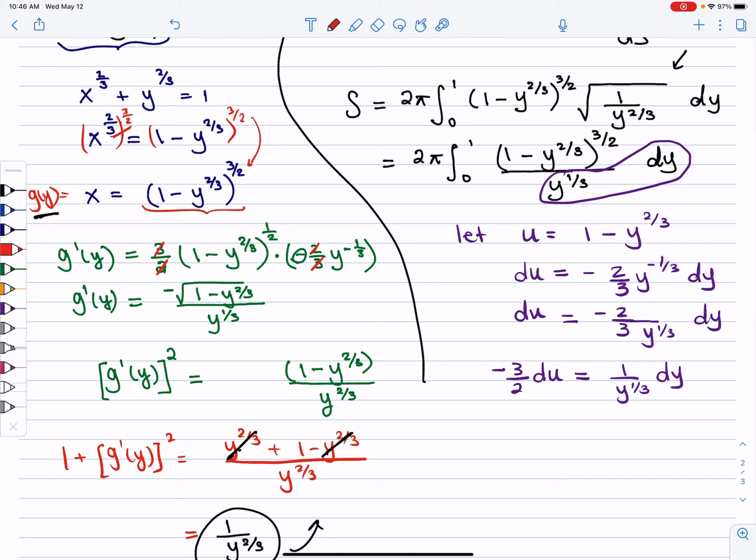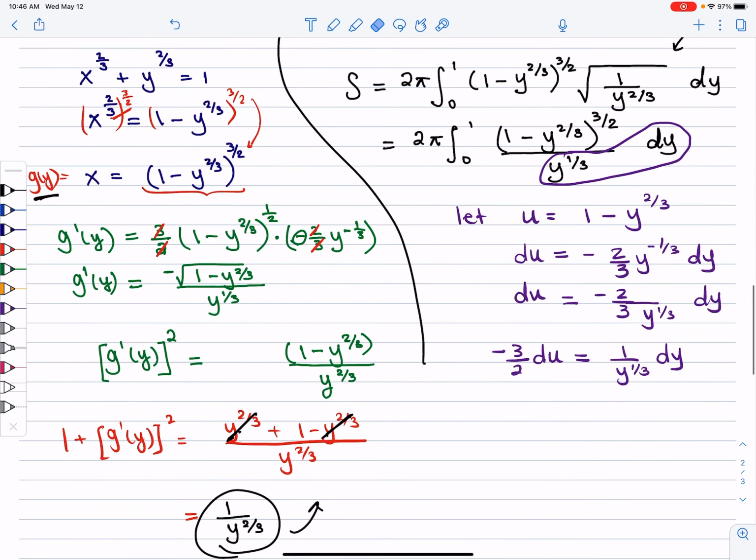All that I did there is I multiplied both sides by a negative 3 over 2. So it simplifies, and then you're moving it over to the other side.